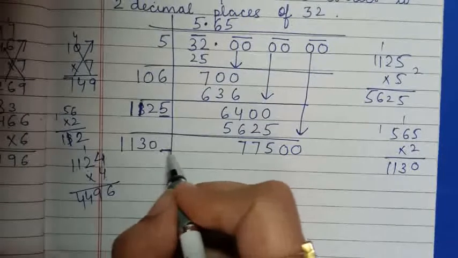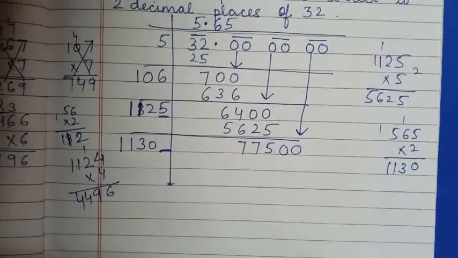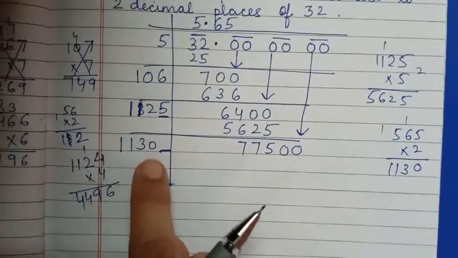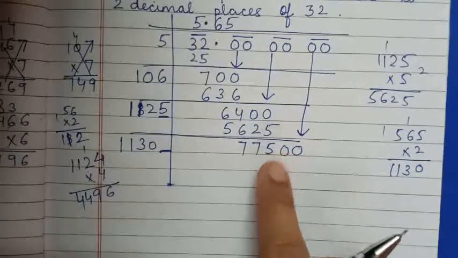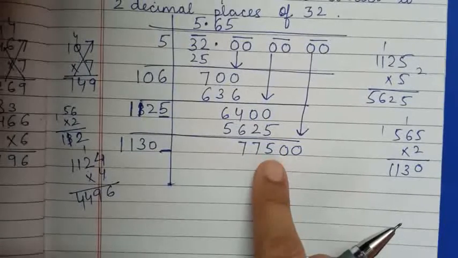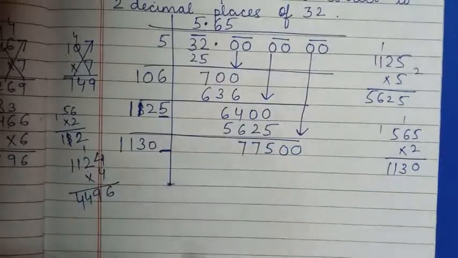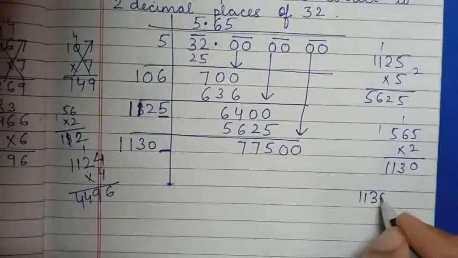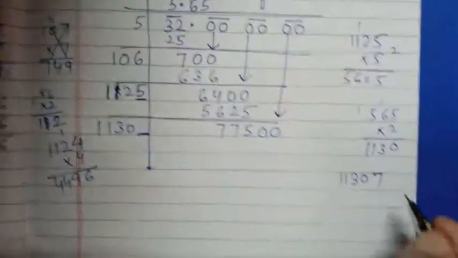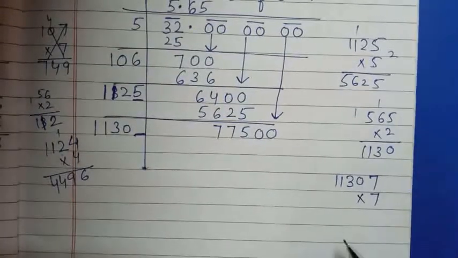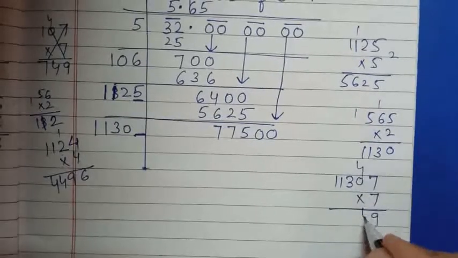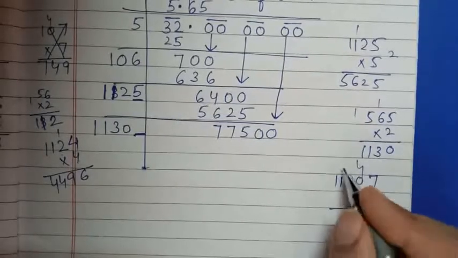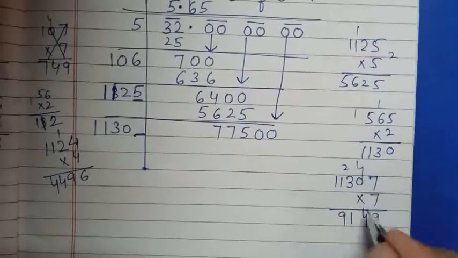Now what digit do we keep after 1130 such that the product, when it is multiplied by itself, is either equal to 77500 or lesser than this? Suppose I keep 7 and multiply it by 7. 7 7s are 49, 7 0s are 0, 7 3s are 21, 7 1s are 7.